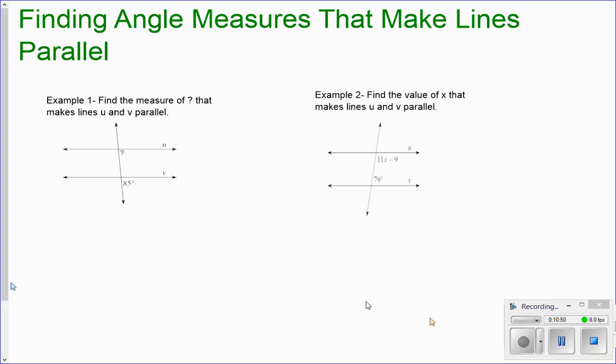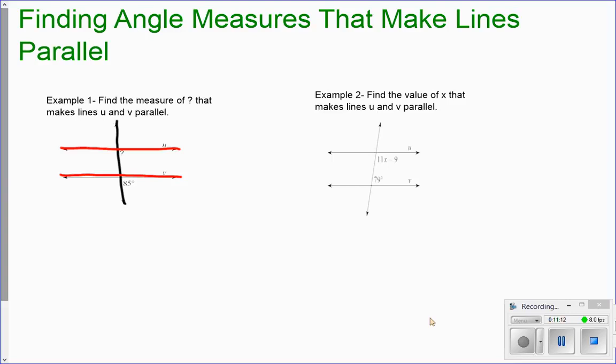If the lines were parallel, then how are those angles related to one another? So again, I'm looking at the transversal and the two lines, and I'm seeing that the angle here at 85 and the angle with the question mark, they're both in the same spot, so they're corresponding angles.